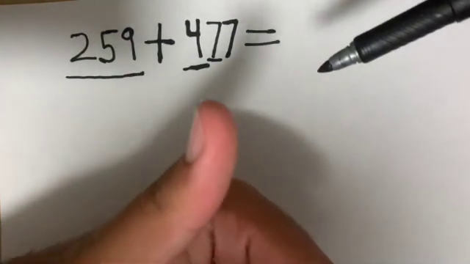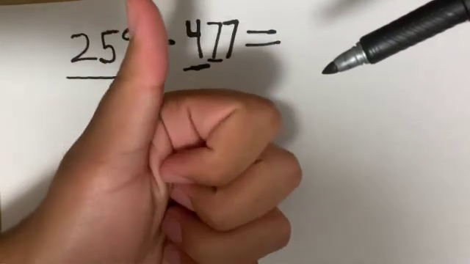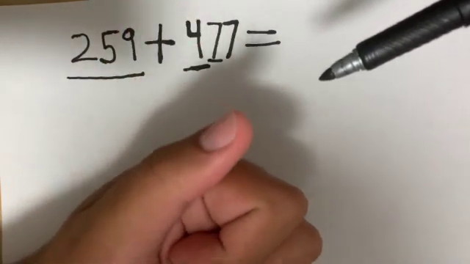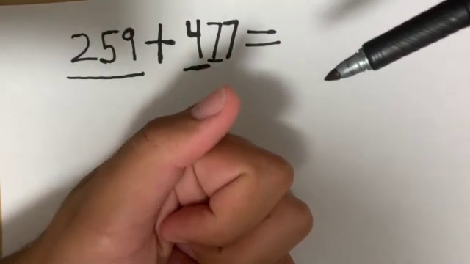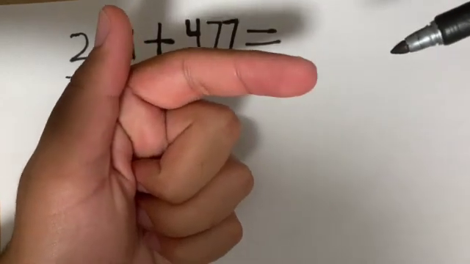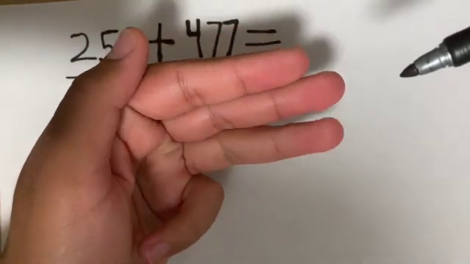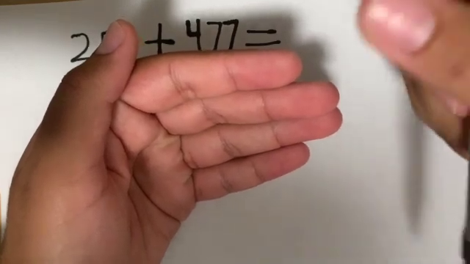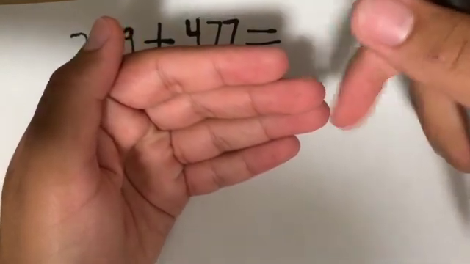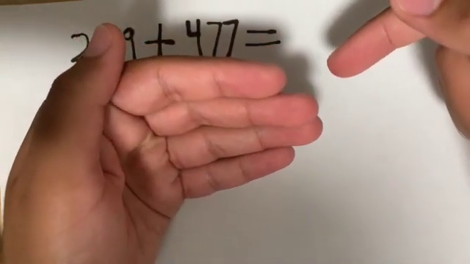So we have 669, 679, 689, 699, 709, 719, 729.